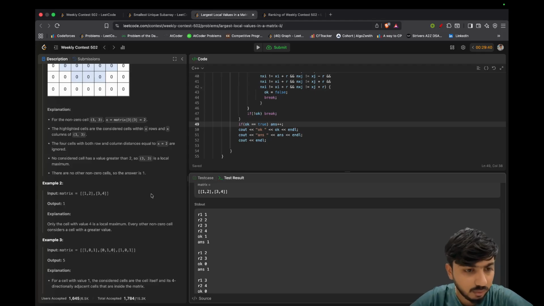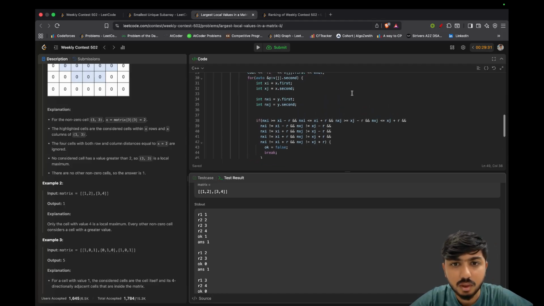Only the cell value 4 is the local maximum. Why one not? Okay.